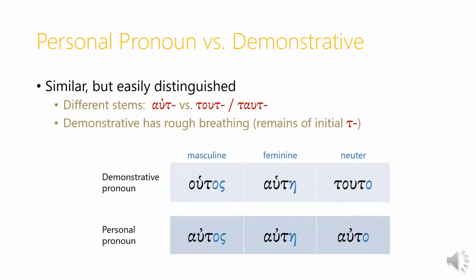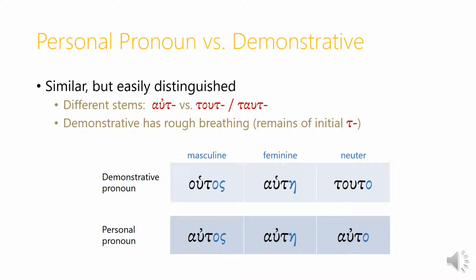Not just him, but this person, this man. The closest looking pair are haute and aute, and here it's just a matter of which direction the breathing mark faces. But again, if you think about the pronunciation, there's an extra sound at the beginning of haute, that H sound from the rough breathing, and aute starts just with the vowel sound.